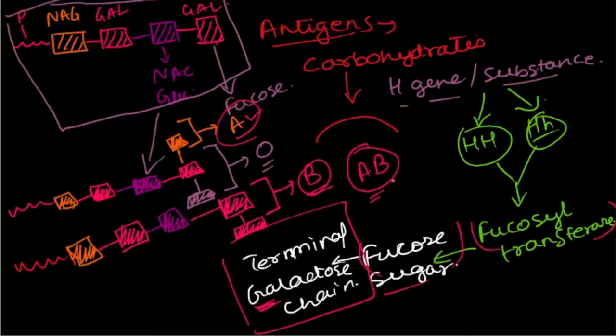Therefore they are designated as the AB blood group. Now, in some cases, if any sort of mutation occurs, then the H substance, which normally occurs in this form, can get converted into a homozygous recessive form.